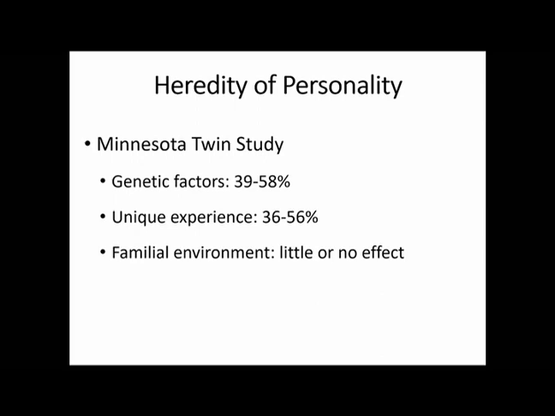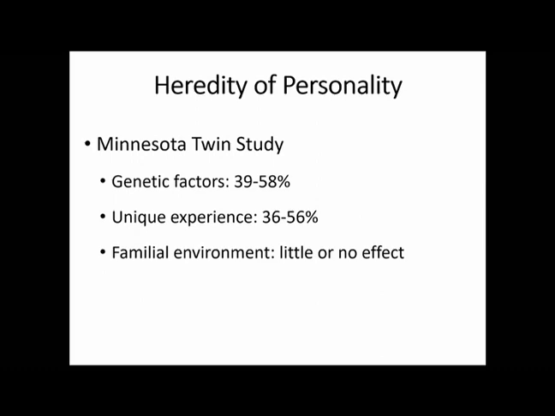So this was a massive data set. And they measured a ton of different personality traits, then ran their statistics to figure out the comparative contributions of genes, environment, and unique individual experiences to see which of those was contributing to variation in those personality traits.